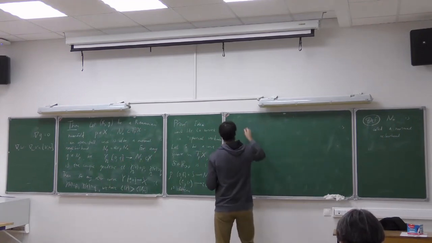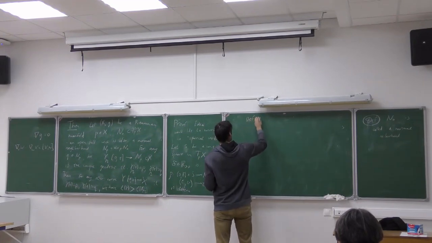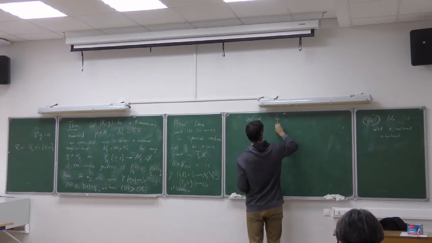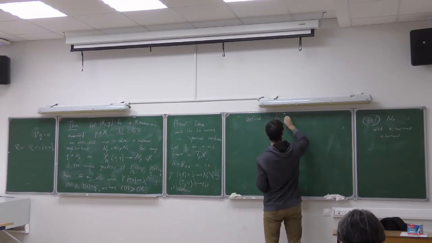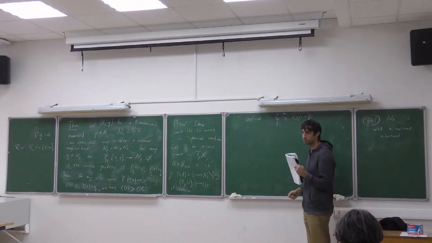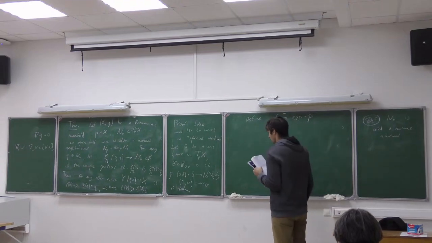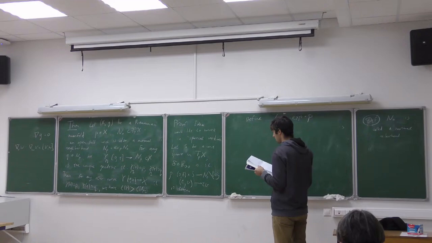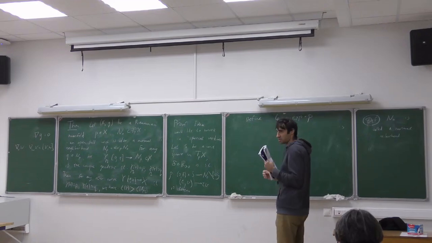Okay, and then let me define a map phi, which is just the composition of this rho and the exponential map. Okay, and this is what I mean by spherical coordinates.